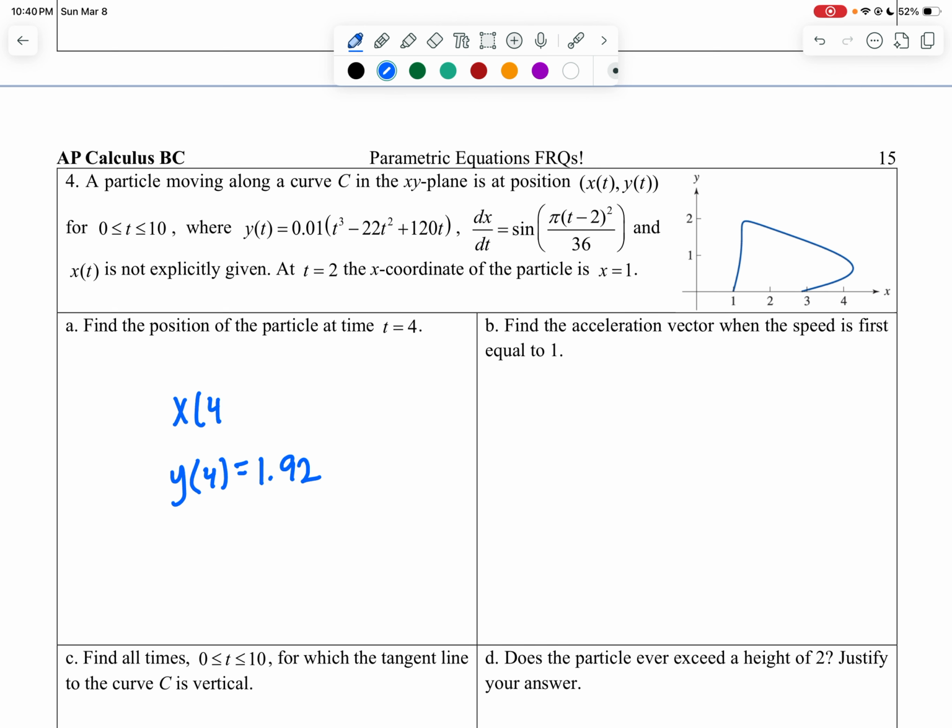Now, the x component, however, because we're given the velocity, we need to make sure that we are doing our initial condition plus whatever we start out with. So in this case, we know that at time t is equal to 2, the x-coordinate is 1. So I'm going to do 1 plus the integral from 2 to 4 of x prime of t dt.